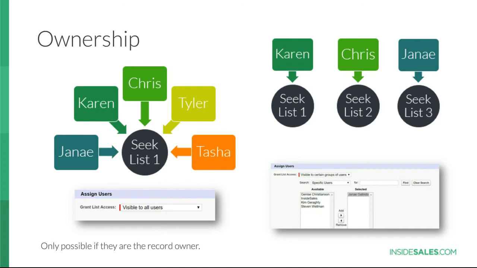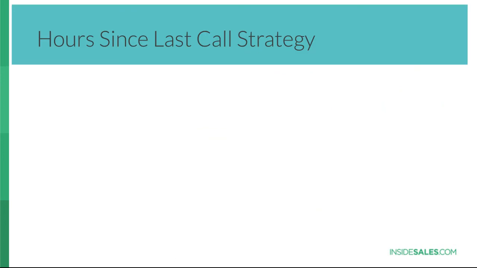But if we have a situation where I am not limiting the ownership, let's say we've made it visible to all users, there's a second piece, and maybe that's what you're asking, and I apologize. There's a second piece on the individual dialer rule that says limit calls to. And this is where you would specify record owner.